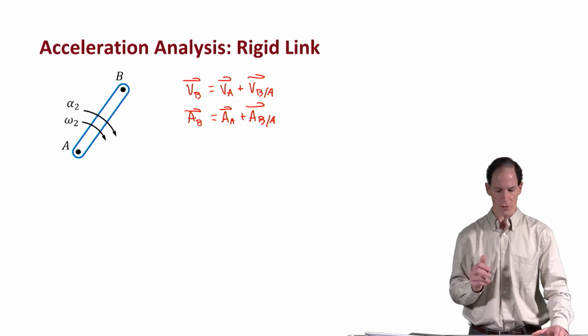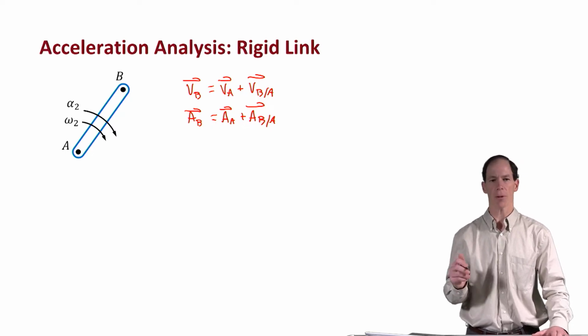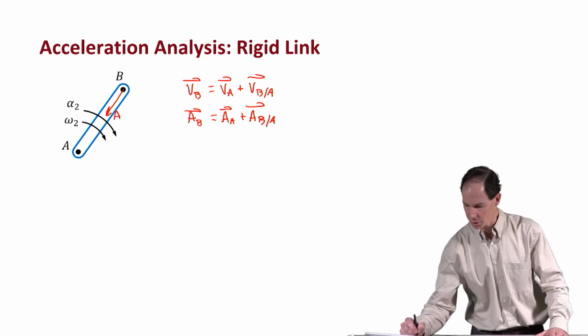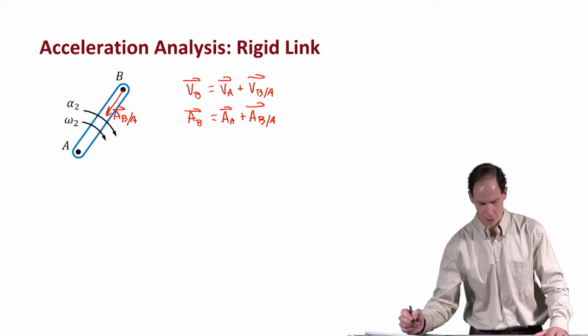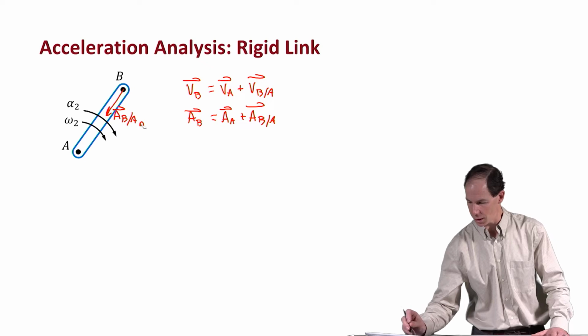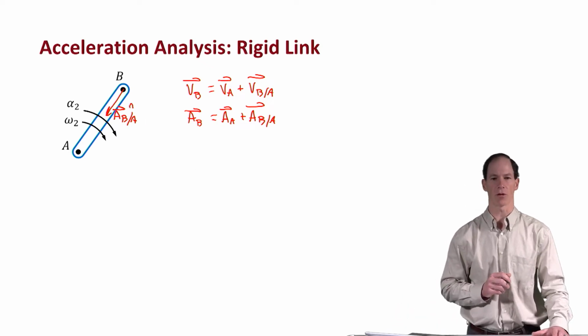The two components in this case are that we have one piece that's pointing back towards A. This would be our acceleration of B with respect to A, and we call this the normal component. Sometimes we have the n down here, and I'll stick it up top to keep the same nomenclature that the book is using.